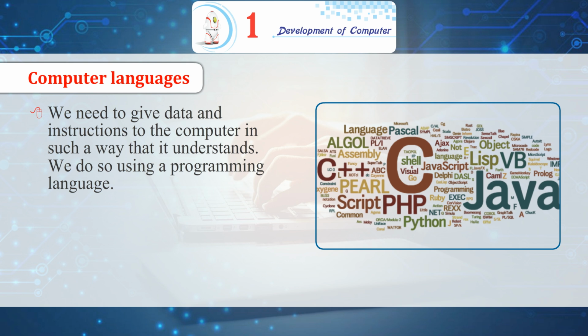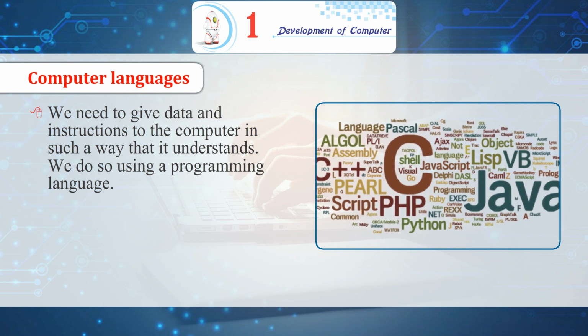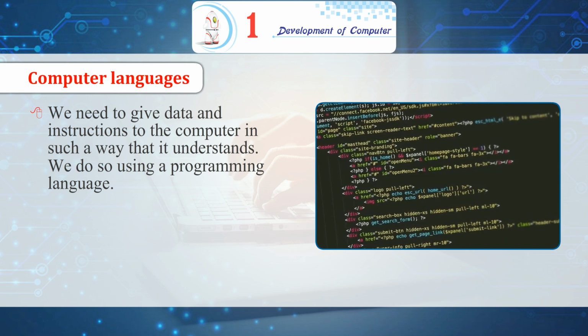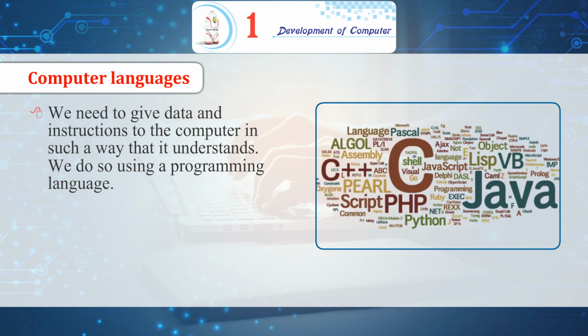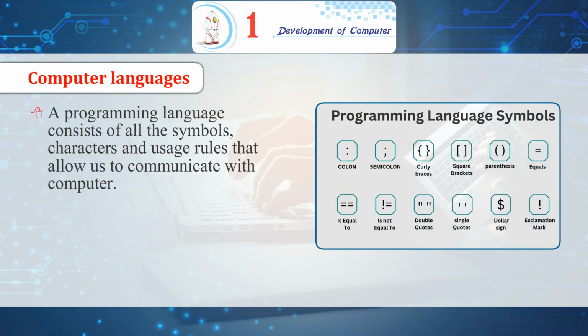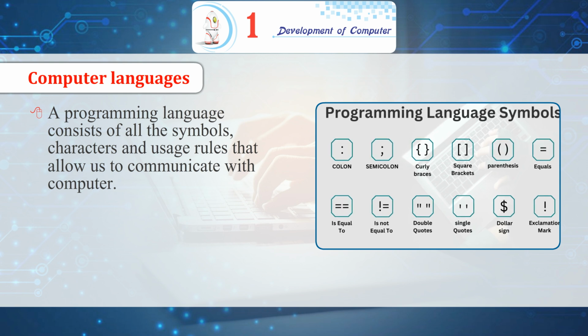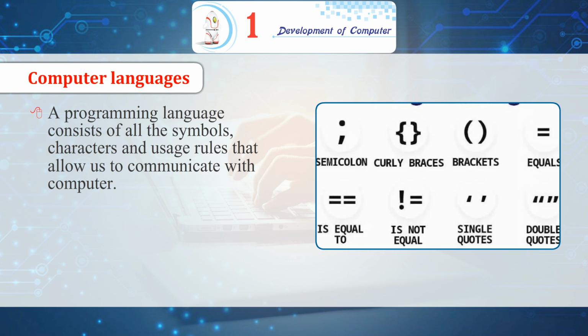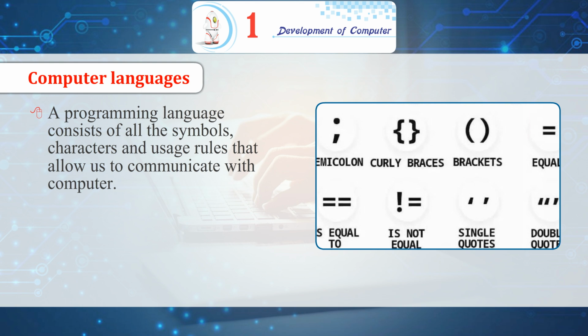We need to give data and instructions to the computer in such a way that it understands. We do so using a programming language. A programming language consists of all the symbols, characters, and usage rules that allow us to communicate with computer.